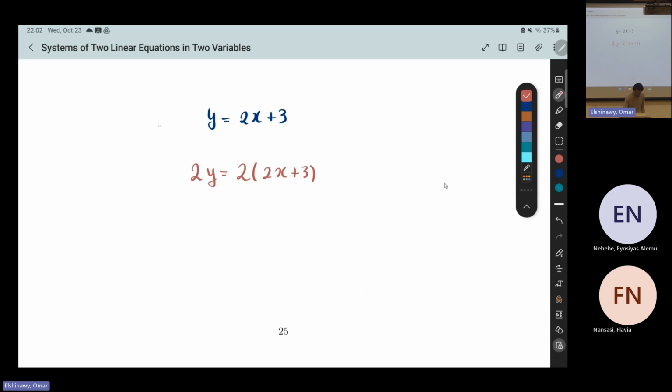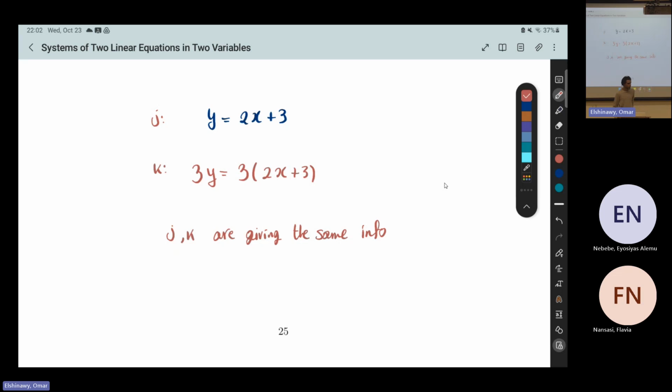Then these two lines are really just, well, I don't want to say equal, but I want to say are giving the same data, let's say info. They're giving us the same info. Let's say I take 3y and 3 of this. So I multiply both sides by 3. It's the same equation. It has the same amount of information. So it's really just one equation and one line.